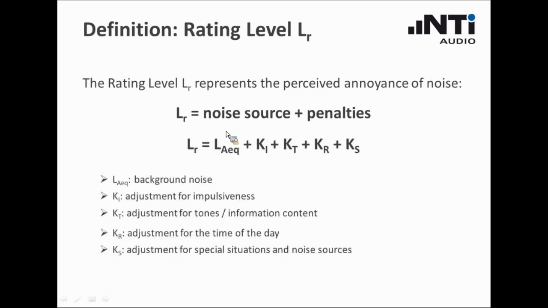We are measuring the LAeq as a fundamental value, and then we're adding these penalties. And the penalties represent the impulsiveness of that sound and the tonal components that are in that environmental sound. We have another penalty for the time of the day or of the night, and we have an adjustment for special situations and noise sources.